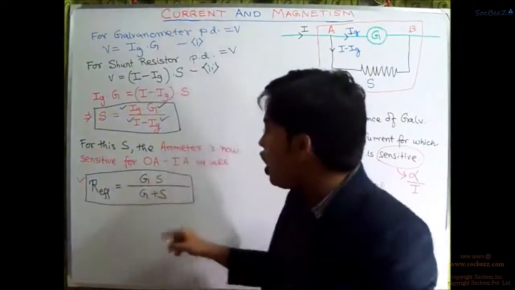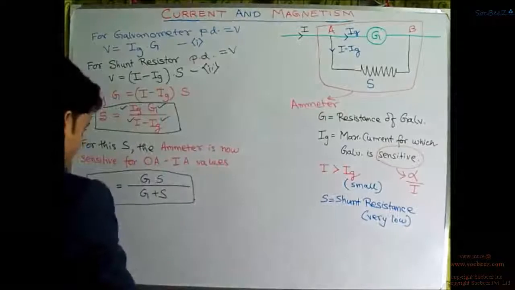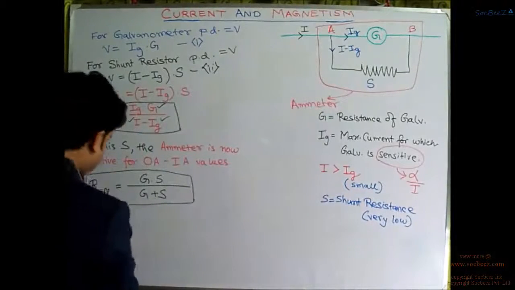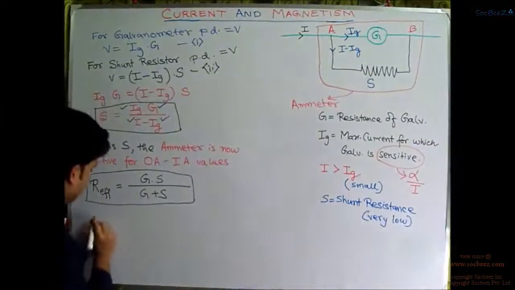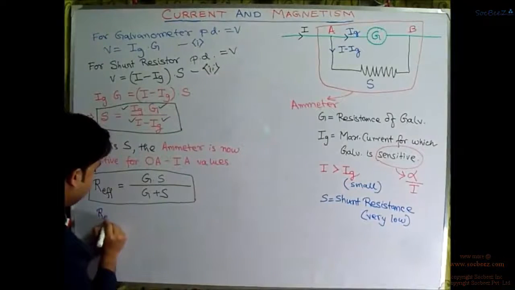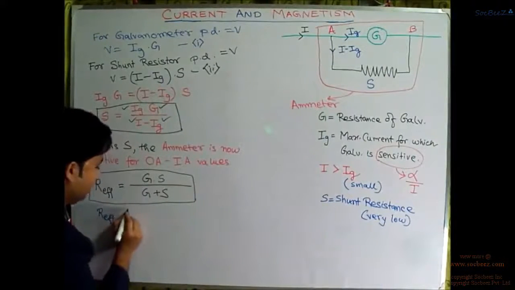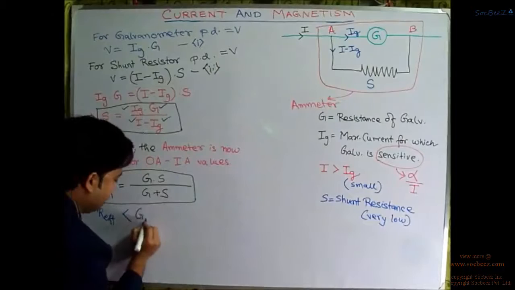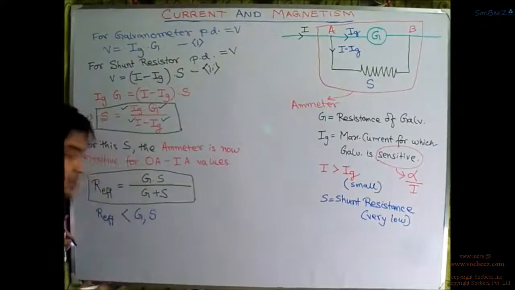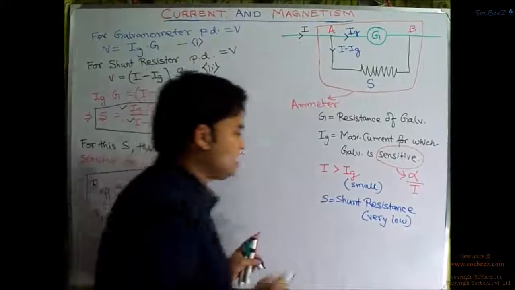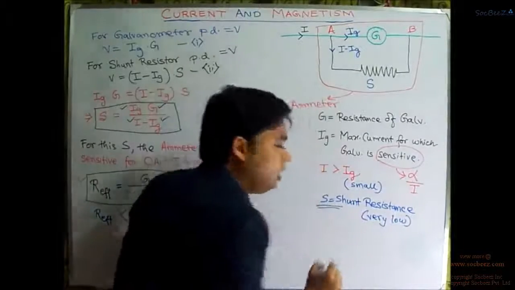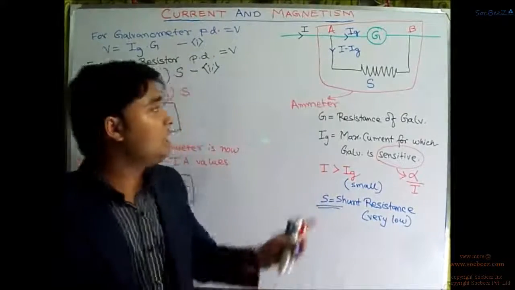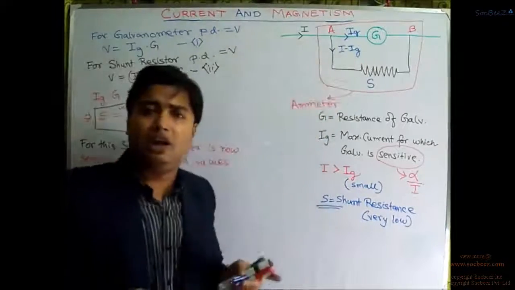So in this apparatus we made, the effective resistance will be lesser than G as well as S. And if we make this shunt resistance very low, then obviously the effective resistance will be very low.